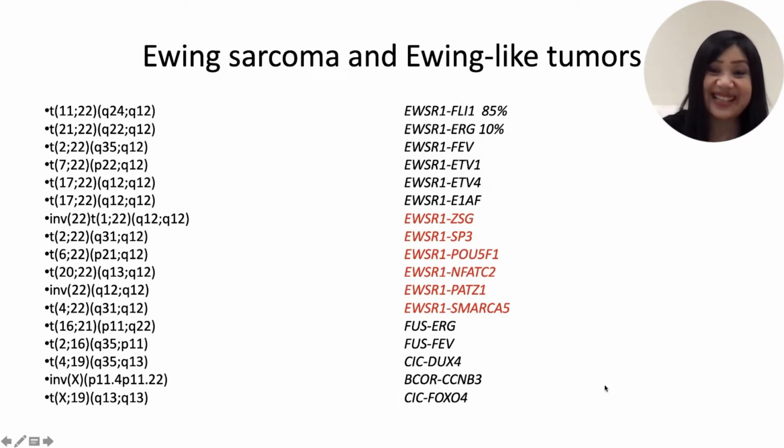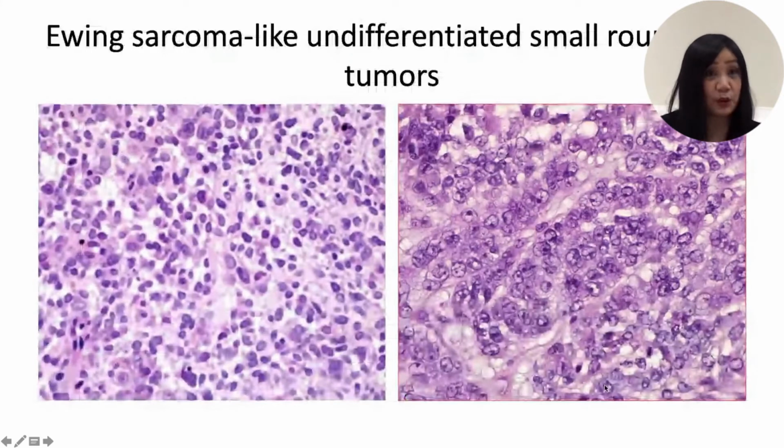Cyril has described these, and then more rarely, instead of EWSR1, FUS fuses to an ETS family member, and then we have the non-EWSR1 or FUS involved Ewing-like round cell sarcomas. So let's move to this category. Ewing sarcoma-like undifferentiated small round cell tumours, and try and discern how we can diagnose them morphologically and with standard immunohistochemistry.